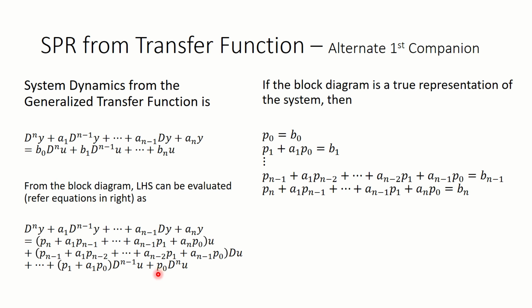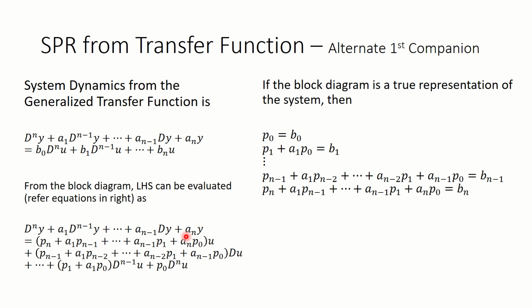That thing you notice. Now what we do, we will simply compare the coefficients with the right-hand side of this system dynamics. The LHS of the system dynamics we have computed, so this must be equal to the right-hand side of the system dynamics, and by looking at these expressions, we see that we have all the terms the same. The u term we have in the LHS as well as RHS, the du term we have in the LHS as well as RHS, proceeding till the d^n u term.